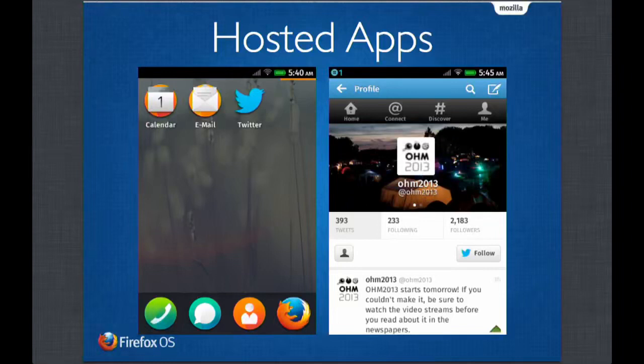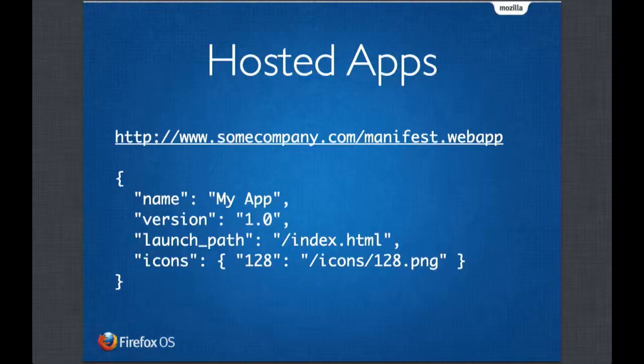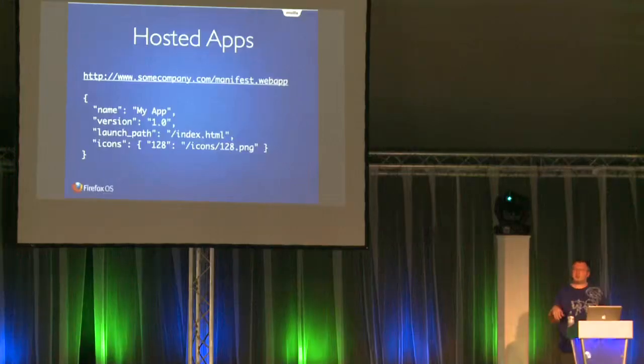So hosted apps are really just websites. But these websites, for example, here you see the Twitter application, which runs really great on this device. And the only thing you need to do to turn your website into a hosted app is you put a little web application manifest file on your website.